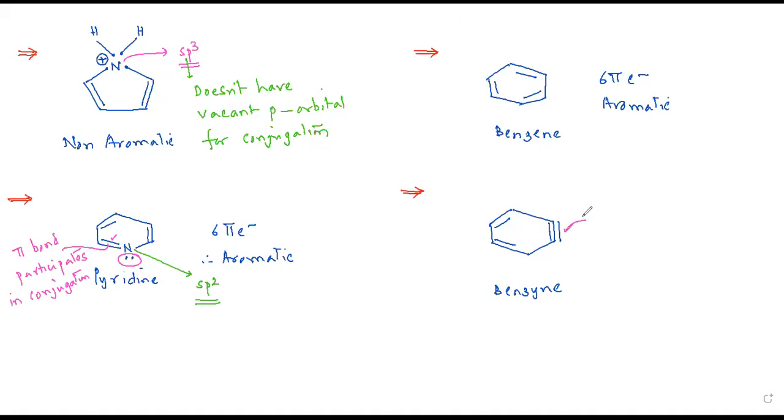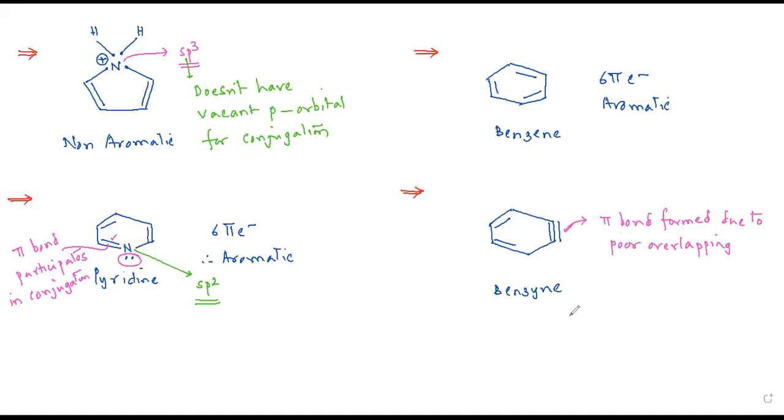This, of course, can be given as pi bond formed due to weak or poor overlapping. Now, this overlapping will also be a little bit interesting.